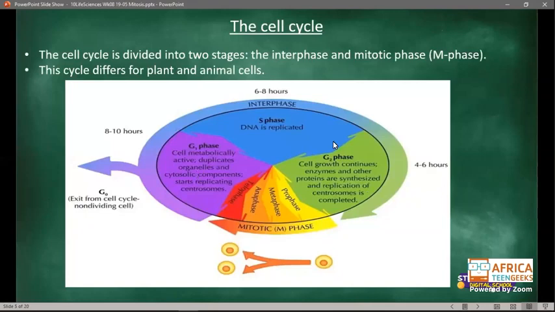That is the interphase, and then the mitotic phase. So this cycle differs for both plant and animal cells. So for plant cells, the cycle differs to that of animal cells.